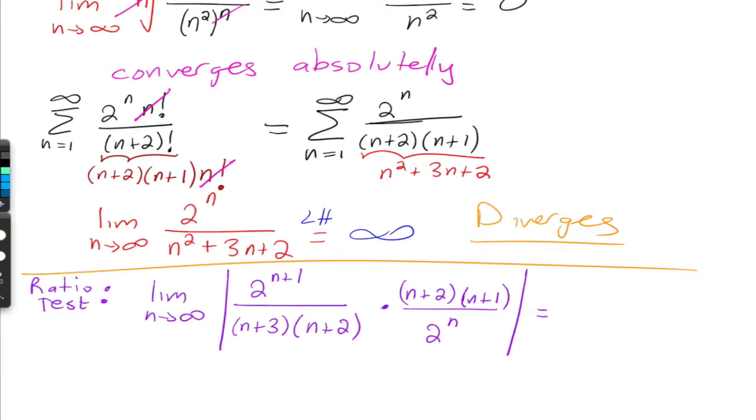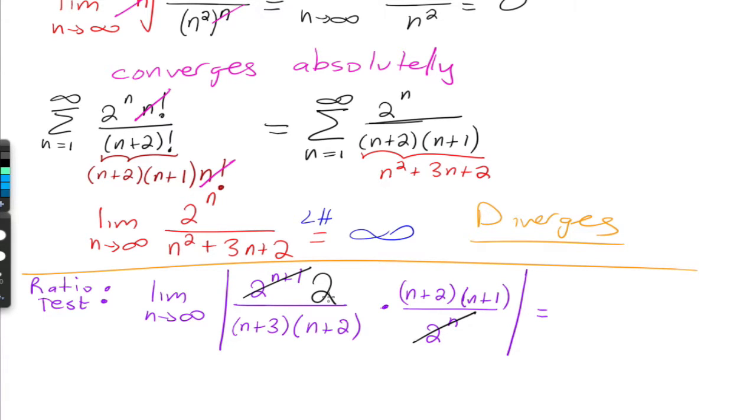So what happens with these 2 to the n's? You can separate 2 to the 1 times 2 to the n, so I get rid of this and I just have a 2 left over, right? Cancels out with that one. So then what I'm left with is, what are the dominant terms in the numerator?